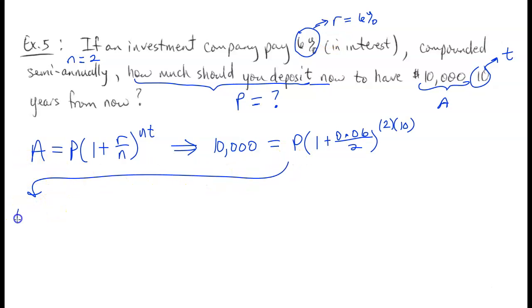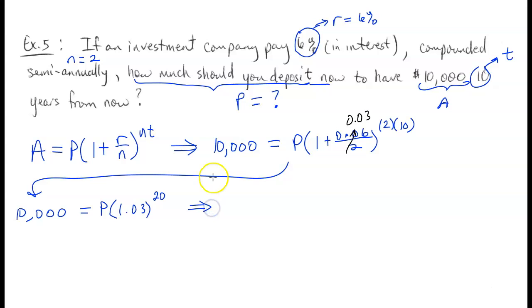So if we work on this some more, we'll see that we got 10,000 here equals P times, and this particular amount here, let me do this in a different color, that's just going to be 0.03 there. So inside the parenthesis, we'll have 1.03, and that will be raised to the 20.